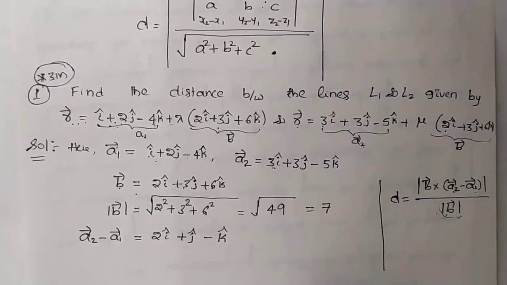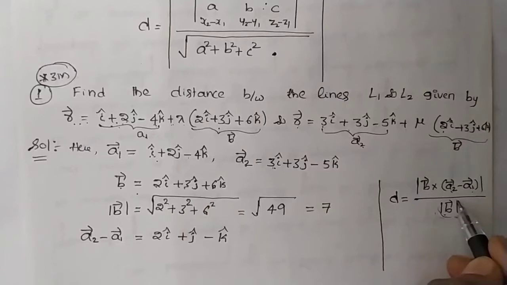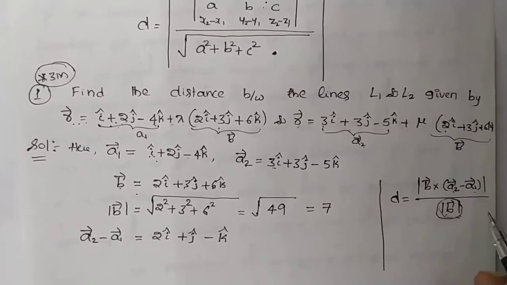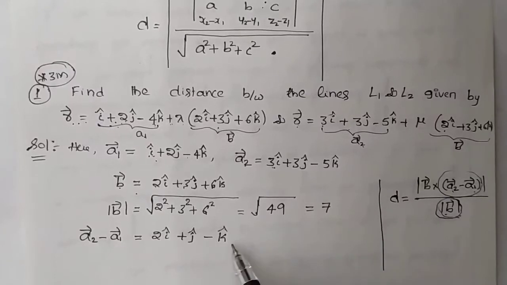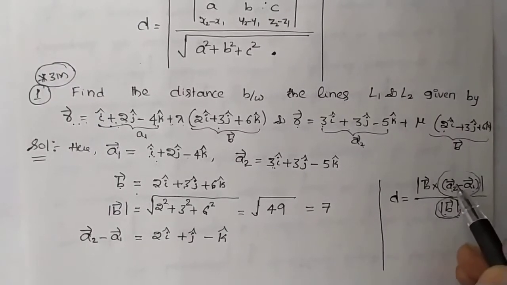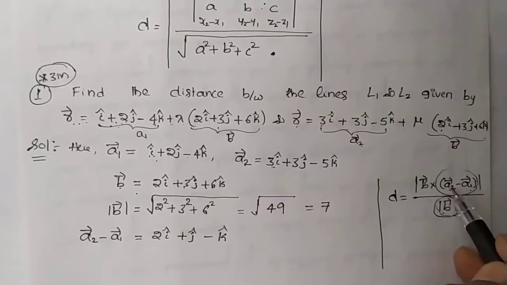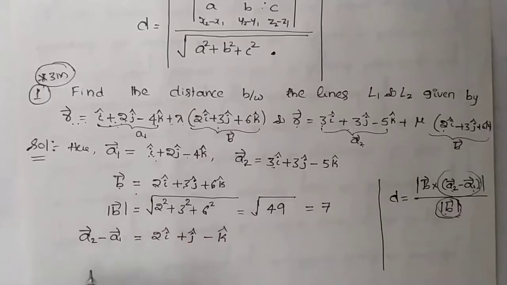So that is a2 minus a1. Next, what we have to find? The magnitude of b vector is over and a2 minus a1 we also got. Next we have to find the cross product of b vector and a2 vector minus a1 vector.